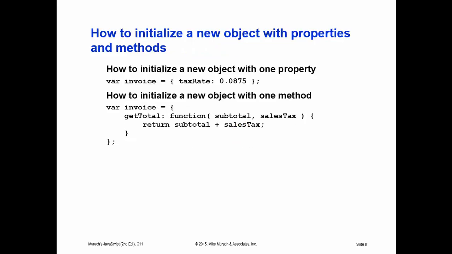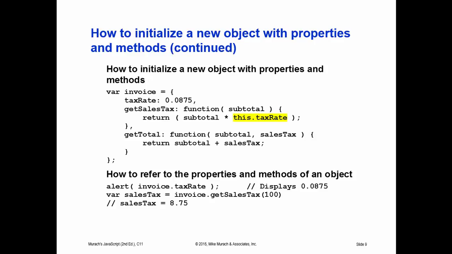So in this example that we saw with the tax rate, an object named invoice is initialized with one property named tax rate with a value again of 0.0875. In this next example, the invoice is initialized with one method named getTotal.